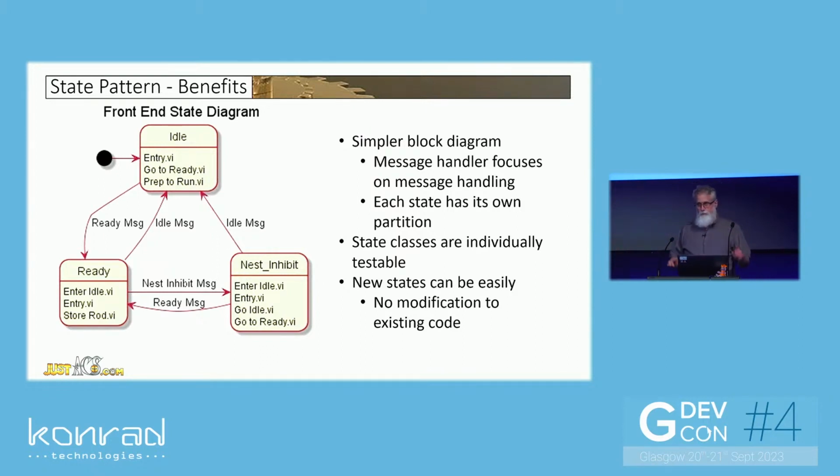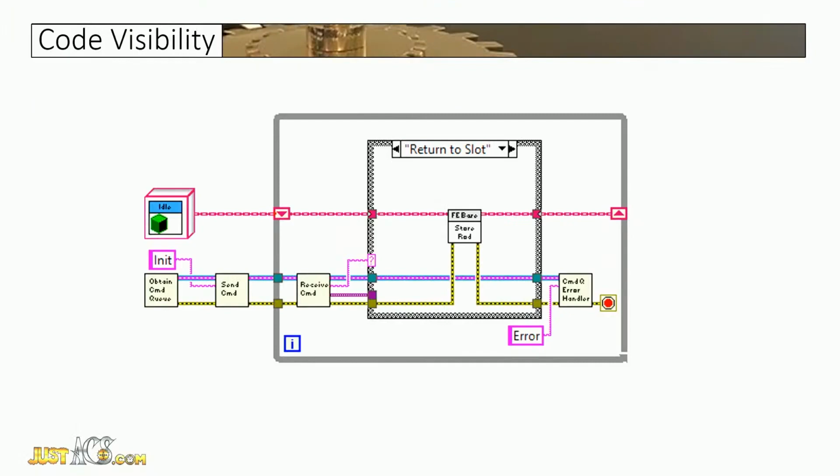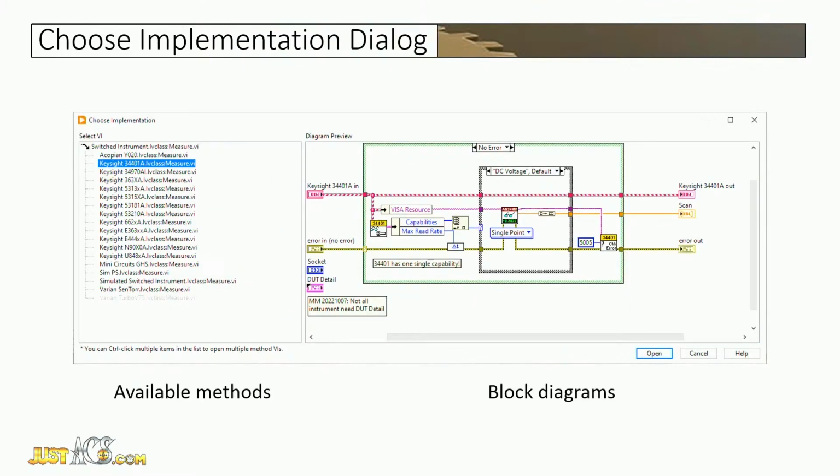Now, going back just a little bit, a lot of people will tell me that one of the things they like about top-level baseline is being able to see all of that code, ignoring the fact that they have to flip through case structures, but they can see all of that code on the one block diagram. Well, okay, I'll buy that up until about 2019, because in 2019, 4 years ago, if you double-click here, a dialog box comes up.